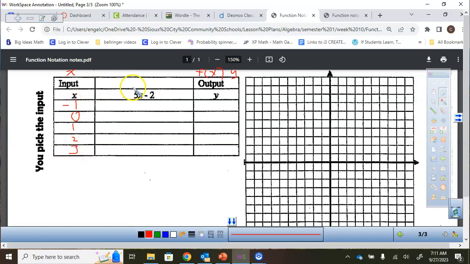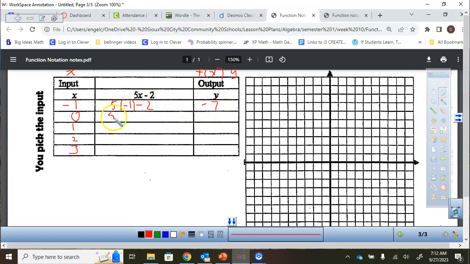So remember, this tells me that I'm going to plug -1 in for x. So I have 5 times -1 minus 2. And if you need a calculator for this step, go ahead and grab one. 5 times negative 1 is negative 5. Negative 5 minus 2 is negative 7.